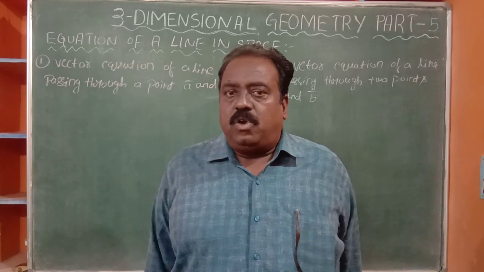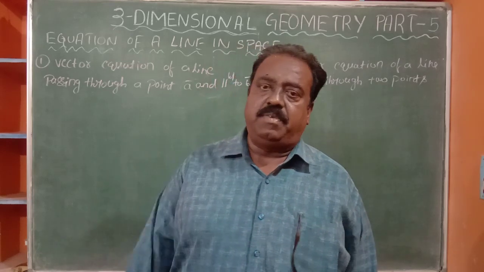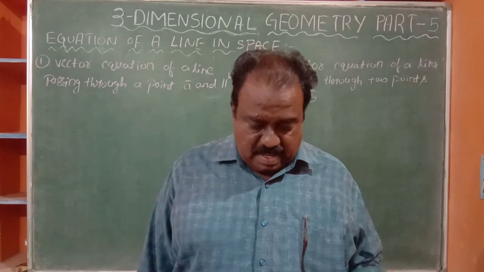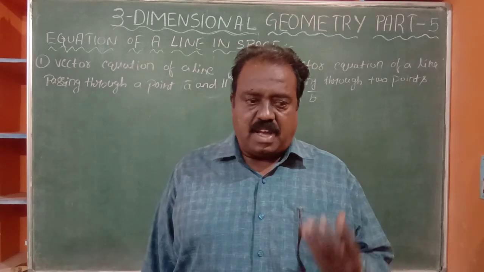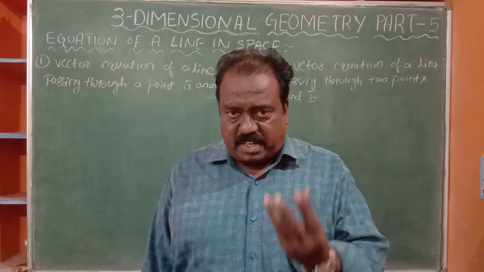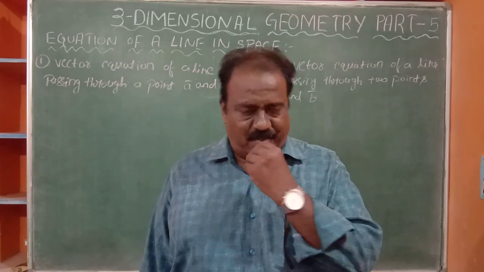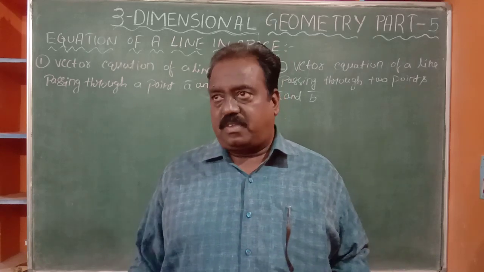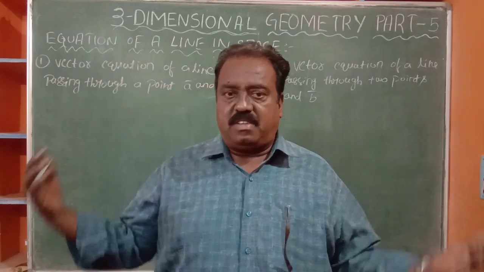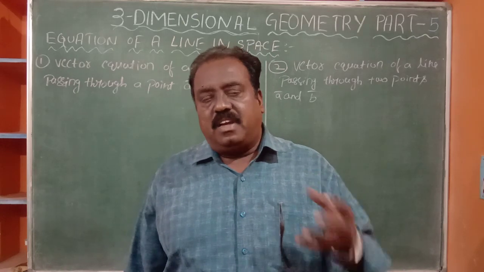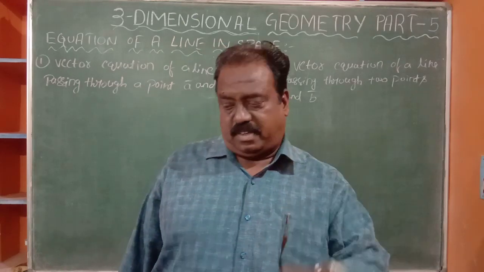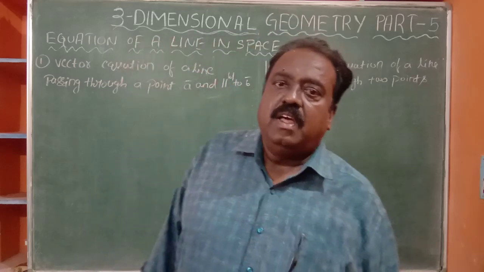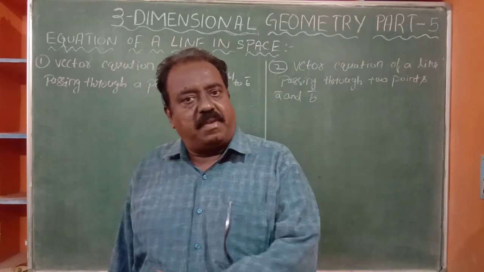Before starting the 5th part, we recall one thing. Three-dimensional geometry is connected with vectors. Vectors is one part of it. Already we discussed the vectors and the components of a vector.